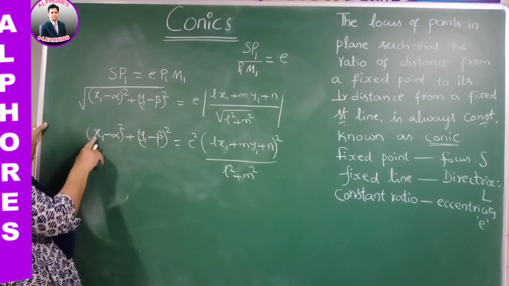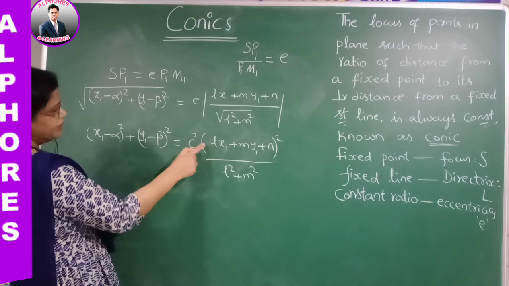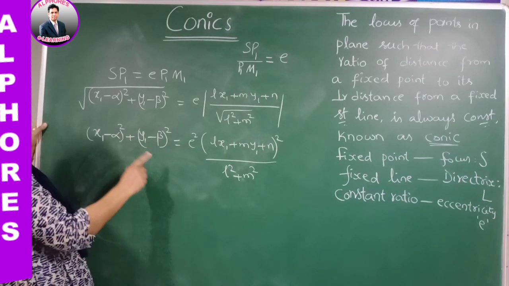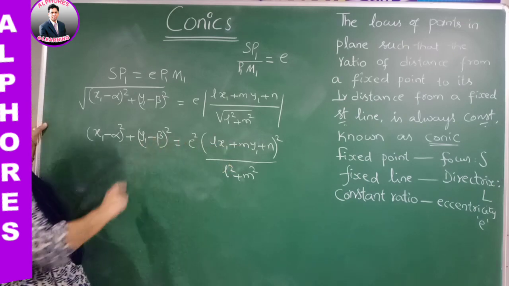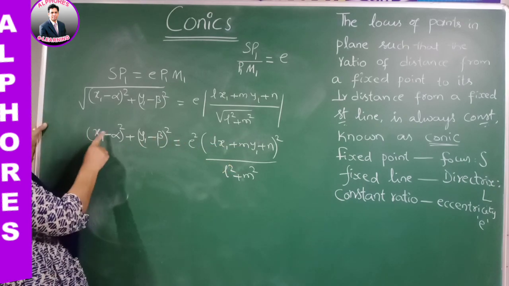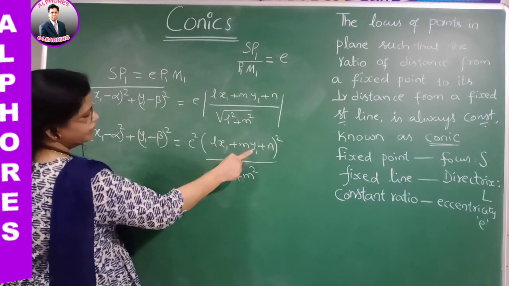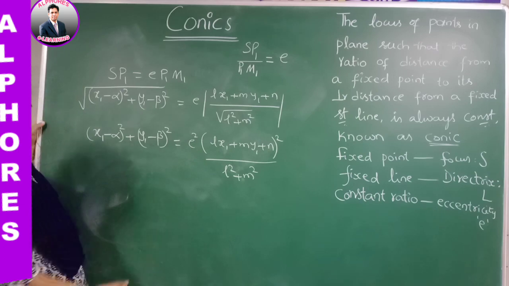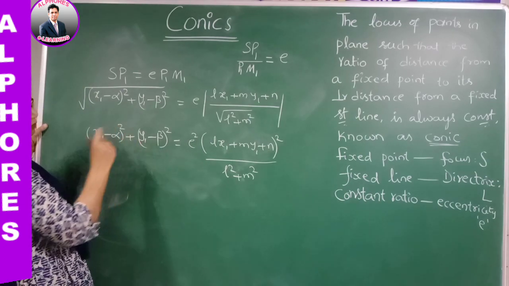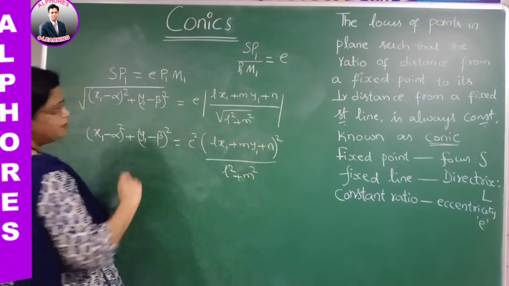You will get x1 square multiplied not only by L square but also along with e square. And next y1 square also has some other coefficient, so that you get a second degree in x and y. Next, if you multiply, you will get the xy term also present, and next the x term, the y term, and after that a constant value also present.